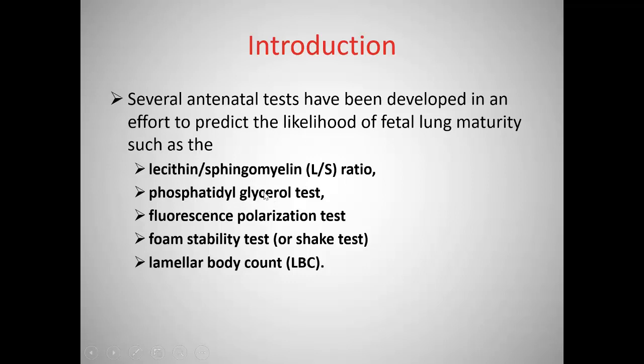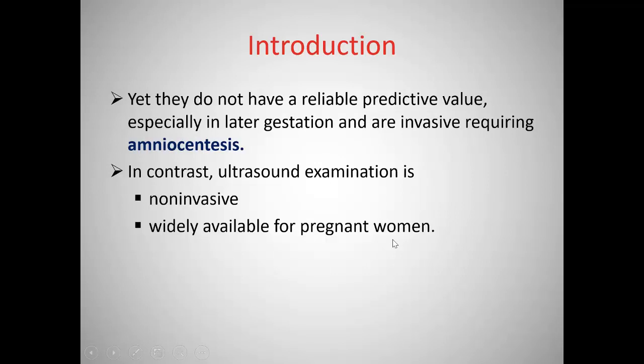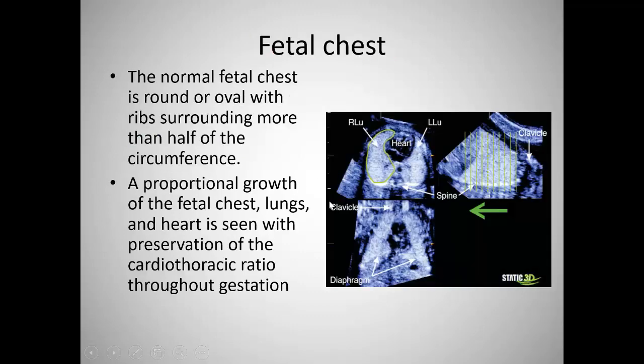Many of these tests necessitate amniocentesis, which is an invasive procedure. Yet they do not have a reliable predictive value, especially in late gestation. In contrast, ultrasound examination is non-invasive and widely available for pregnant women.